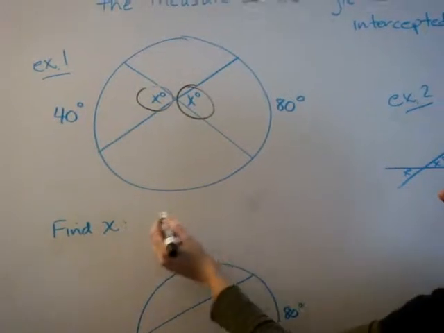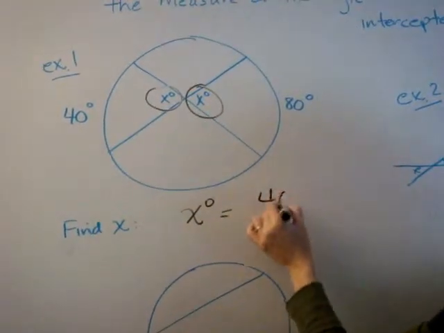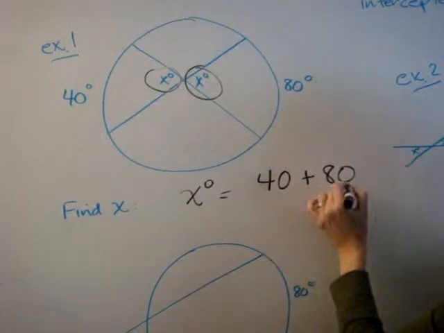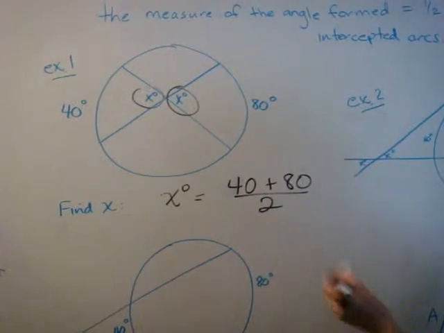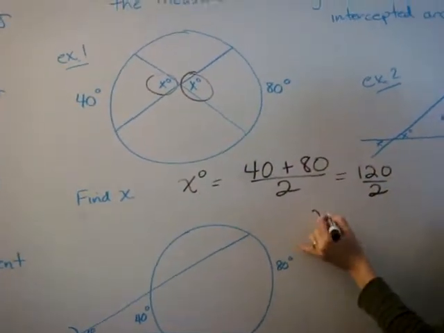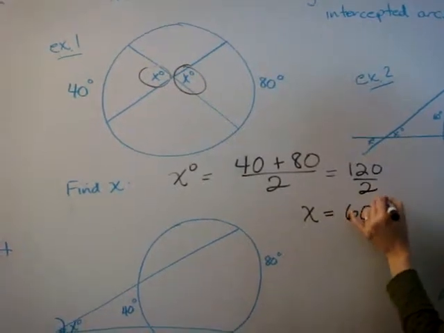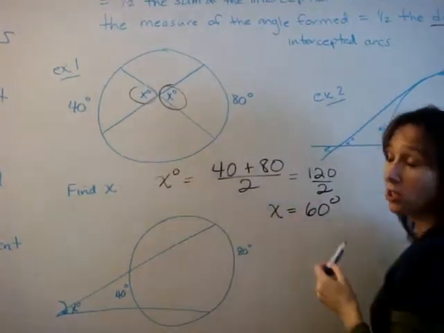What they equal, we would say x equals 1/2 of the sum of the intersected arcs. So that would just be 120 divided by 2, so we would know that x would equal 60 degrees. So you just add up these 2 intersected arcs and divide by 2.